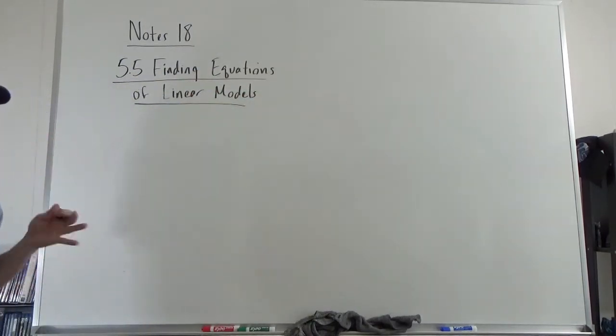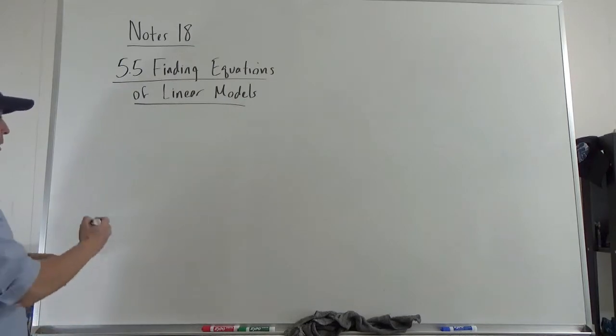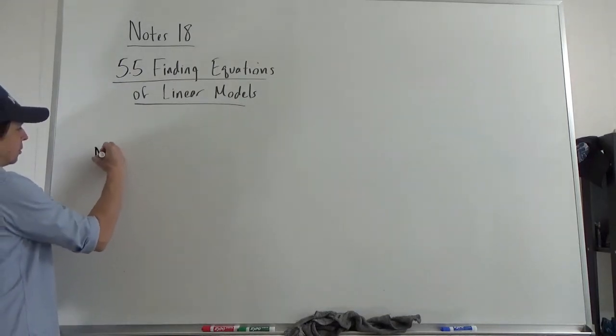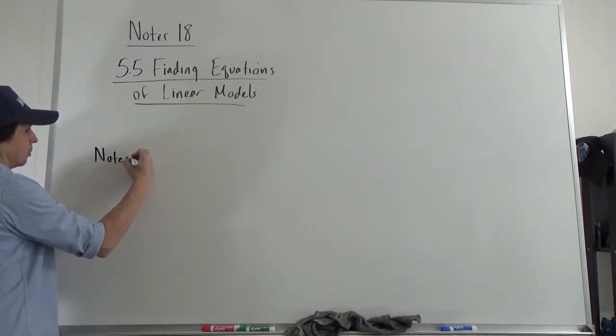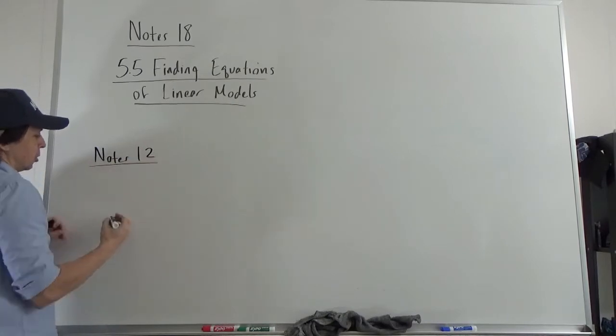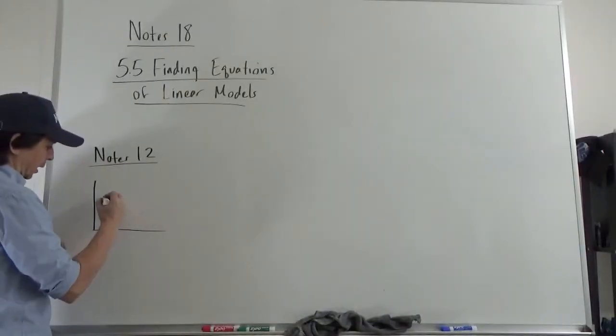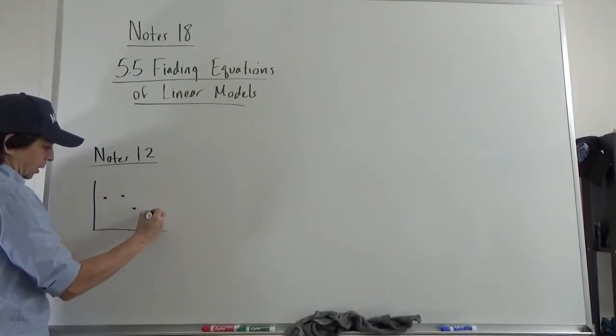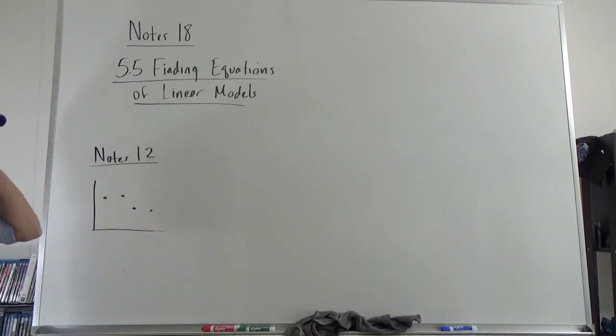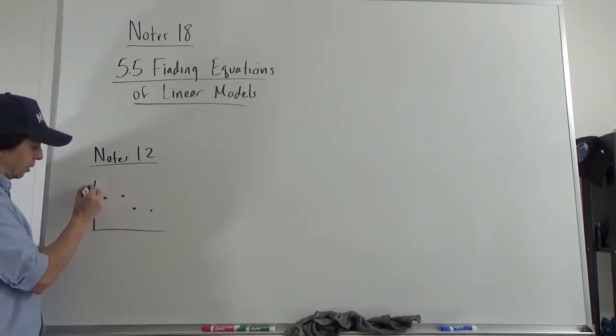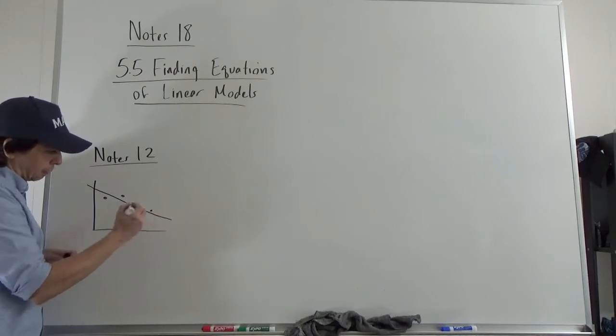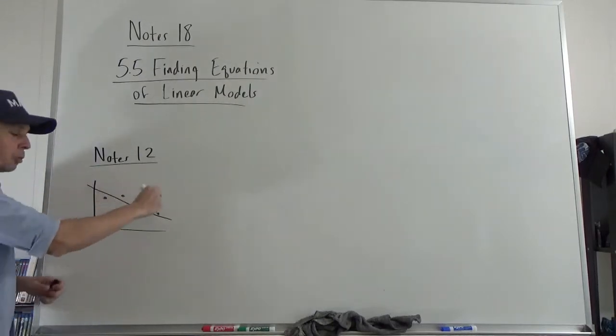So don't write this down, because I'm just going to recap where this is all coming from, because this is putting together things that we've already learned. In lesson 12, we had some data, and then we did some linear models off that data. I did mention that if we had face-to-face classes, you would have plotted those points on your own.